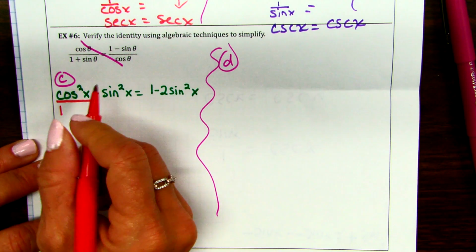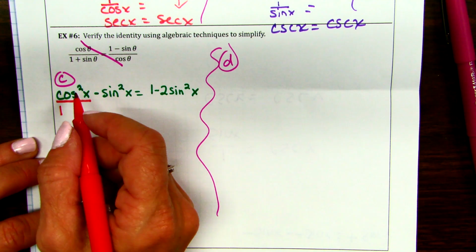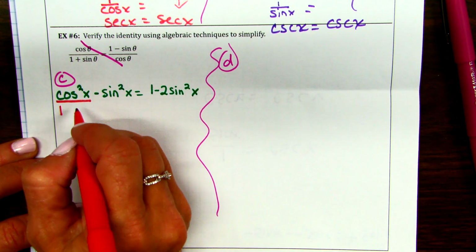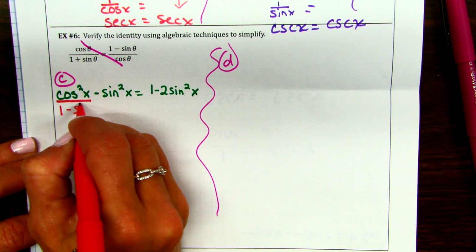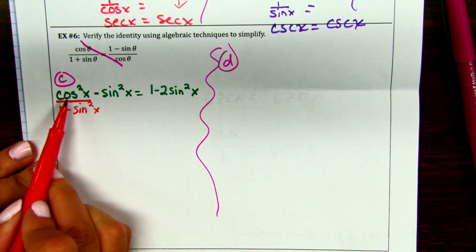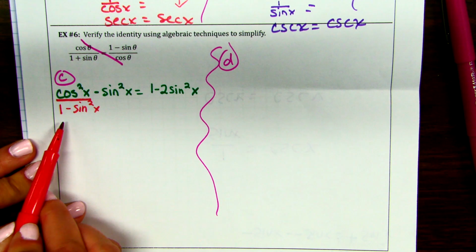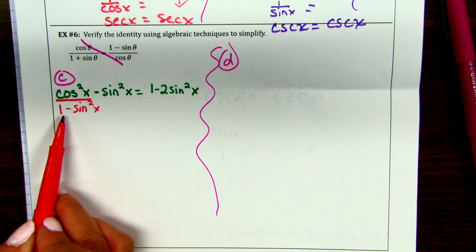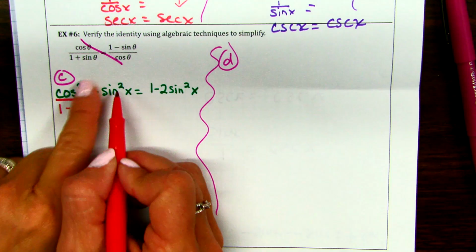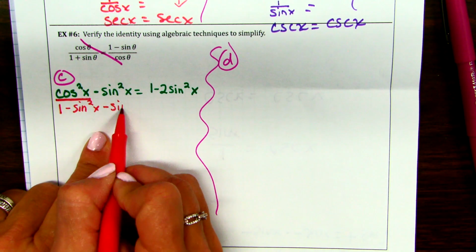They're thinking, I would never have thought of that. We're going to talk about that. So all I did is replace cosine squared x with the other side of the equal sign of that Pythagorean identity, which is 1 minus sine squared x. And I'm just bringing down negative sine squared x.